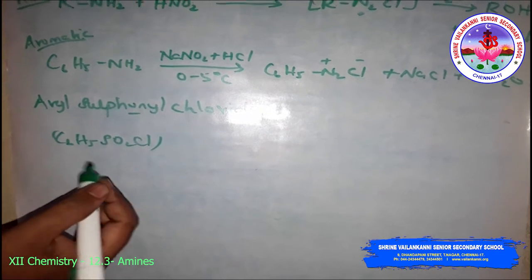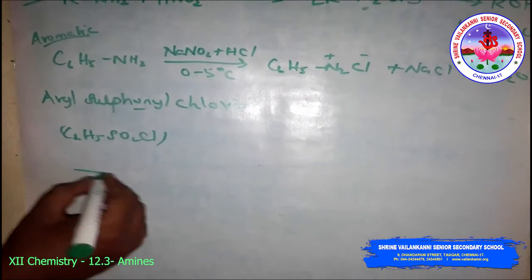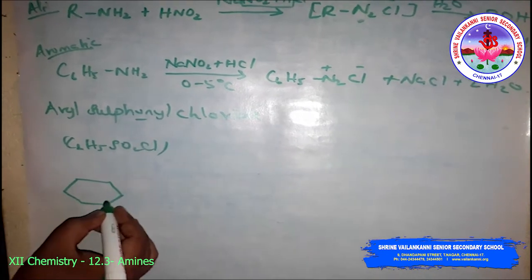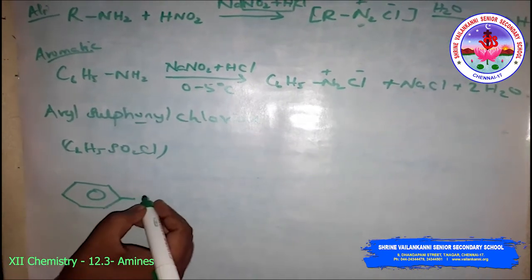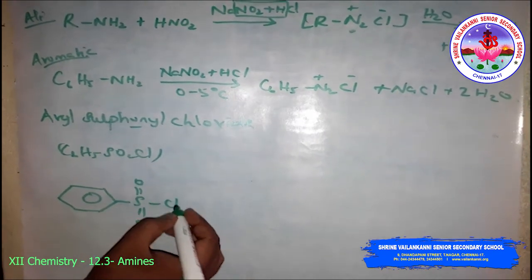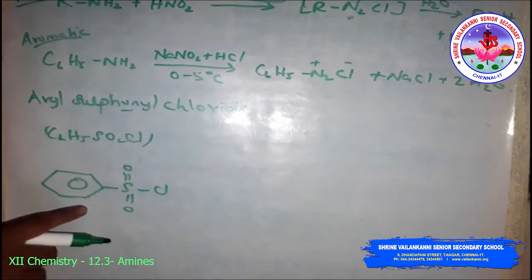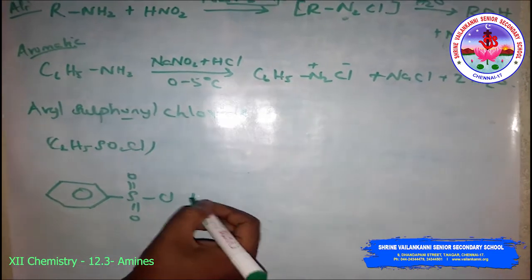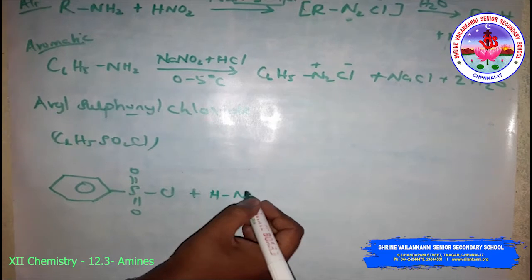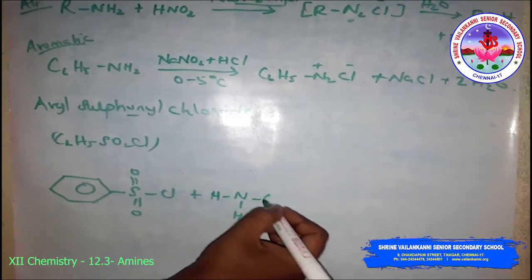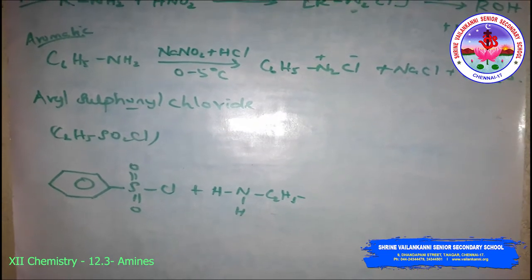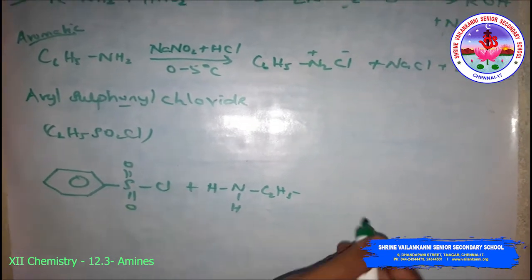The first reaction is C6H5SO2Cl, benzene sulfonyl chloride, reacting with ethylamine, C2H5NH2, to form N-ethyl benzene sulfonamide.